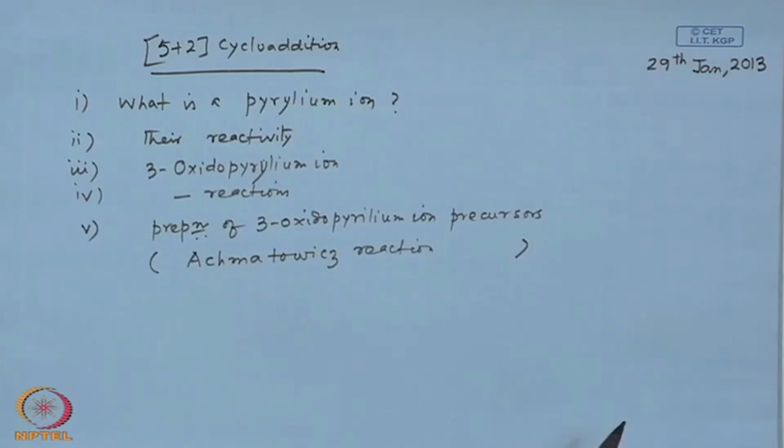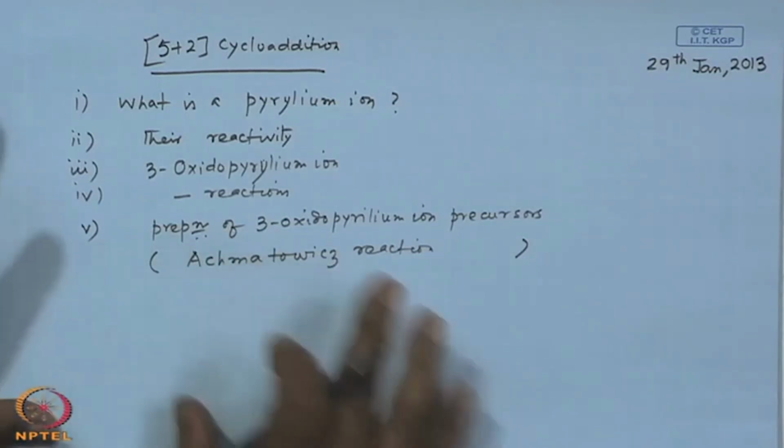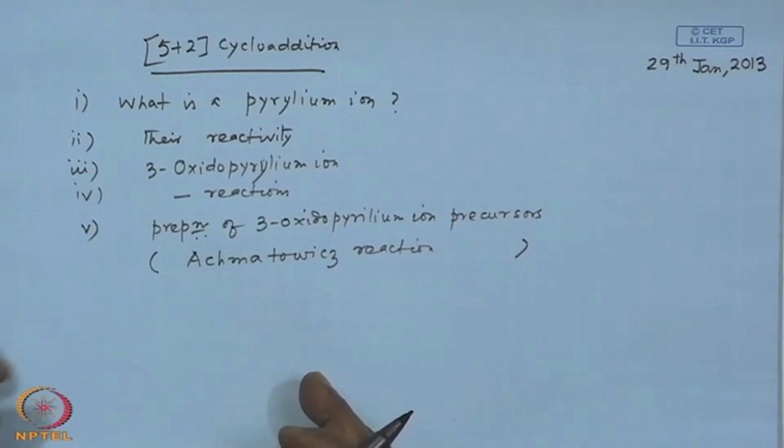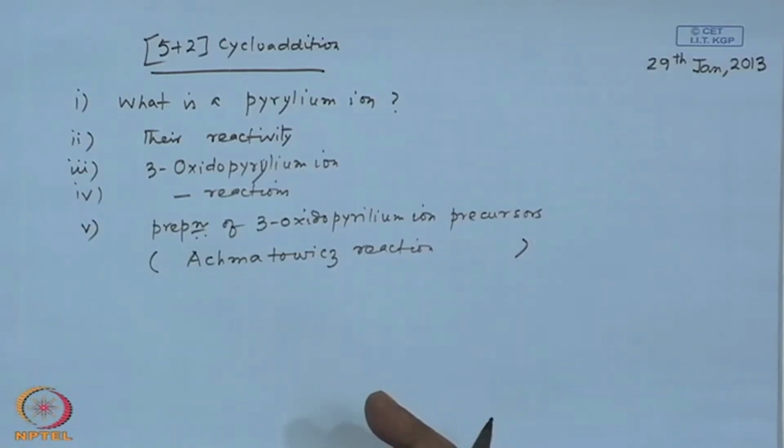Okay. And before we talk about all these things, let us just very briefly look at what the aromatic ions are. How many kinds of aromatic ions are you familiar with? When I say aromatic ions, the commonest one is, no, commonest one, because you will be using the commonest one, is Cp minus.